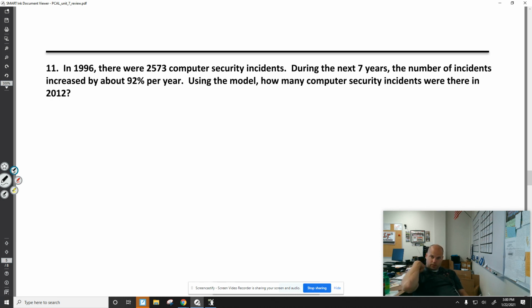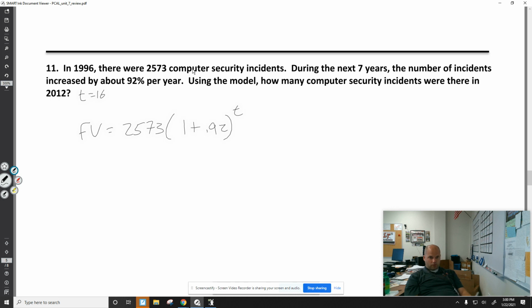92% per year. Okay, so my present value, 1 plus my r to the t, so 16 years.